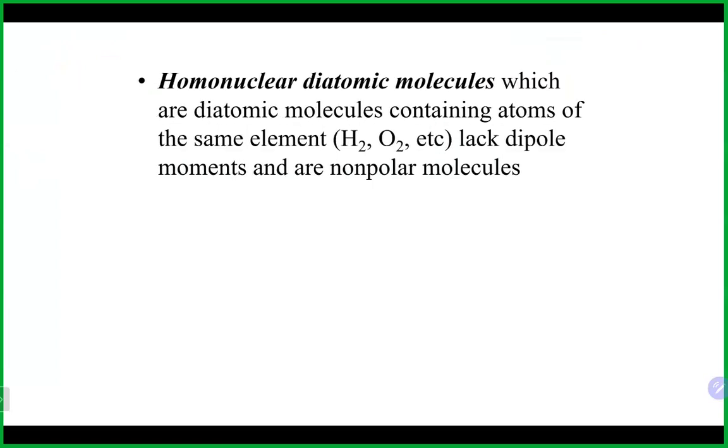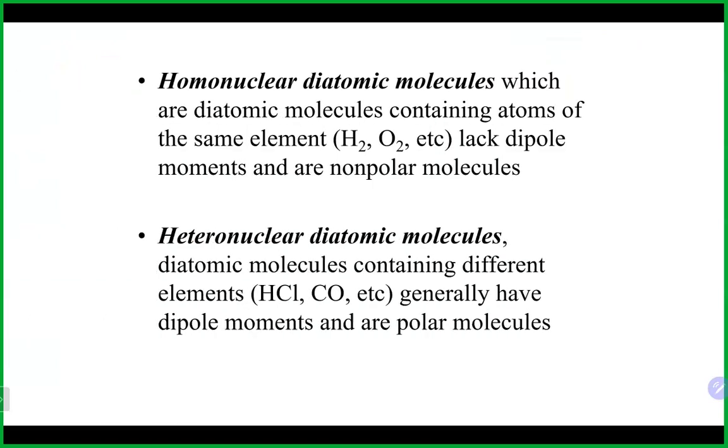Now, the one place where molecular polarity and bond polarity are really the same thing is when you're dealing with a diatomic molecule, which is basically two atoms bonded together. In this case, the molecular polarity and the bond polarity will be the same. A homonuclear diatomic molecule has two atoms of the same element.